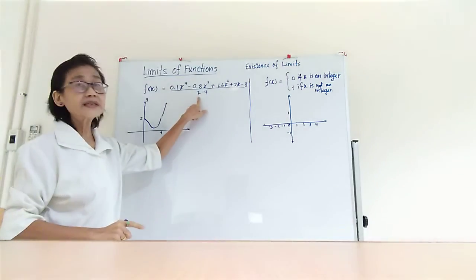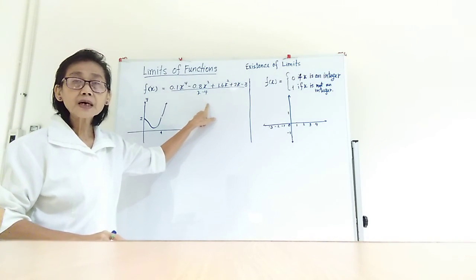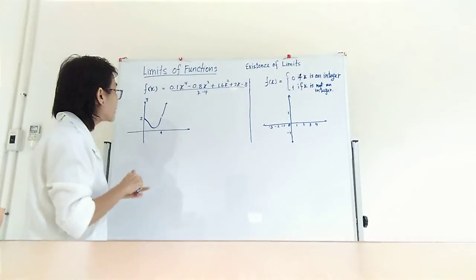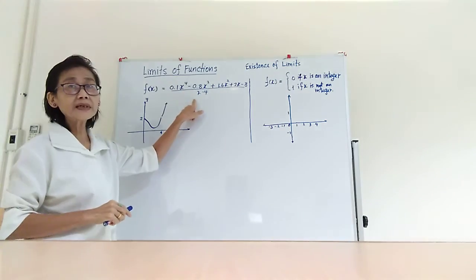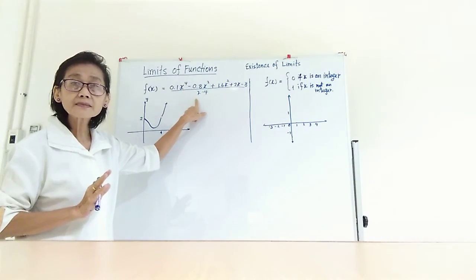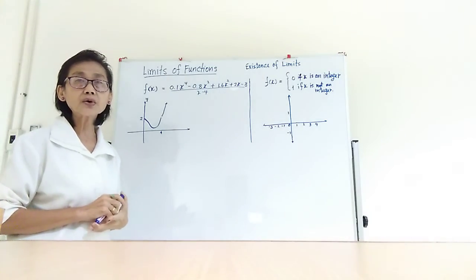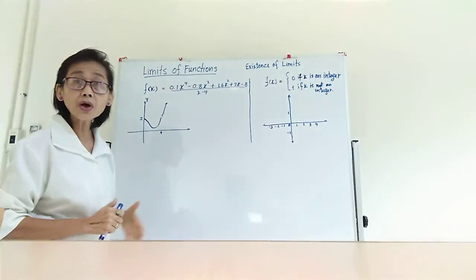This denominator x minus 4 tells us about the vertical asymptote. So our vertical asymptote equals 4, and the horizontal asymptote in this case doesn't exist. Why? Because x to the power 4 here, we can do the long division.